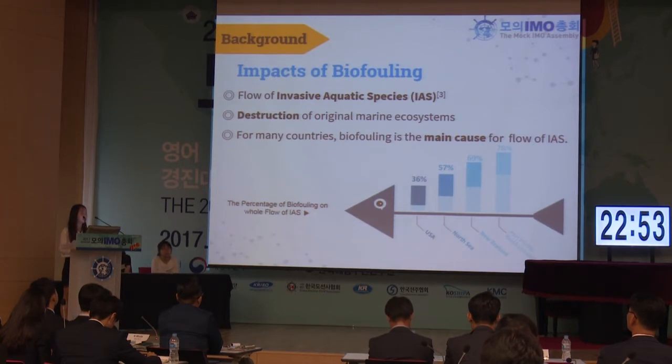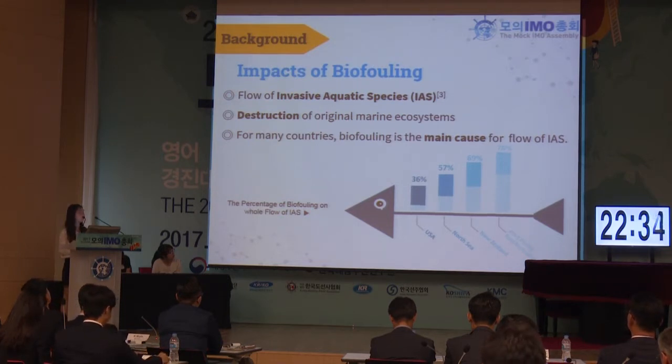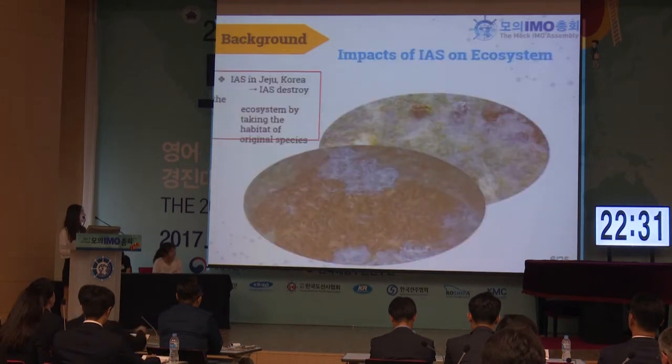The problem with biofouling is that it affects the environment in a negative way. The flow of invasive aquatic species destroys the original ecosystem. And as you can see from the graph, biofouling is the main cause for the flow of invasive aquatic species in most of the nations, exceeding 50%.